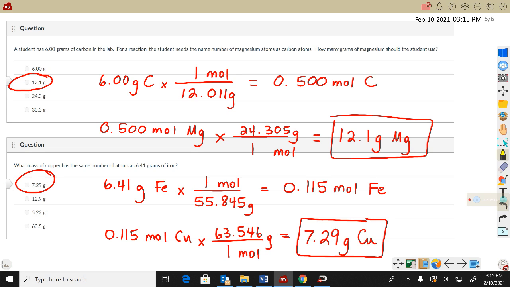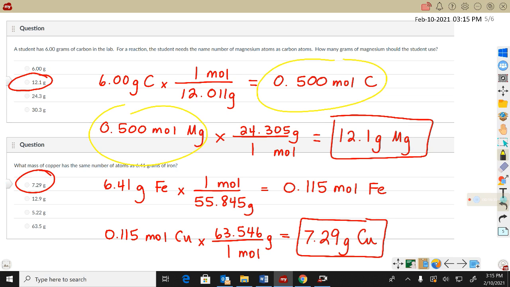I mean, it's nearly impossible to count atoms of carbon and then count a sample of magnesium that has the same number of atoms. But moles is a unit that represents a quantity of particles. If I have samples with the same number of moles, they'll have the same number of atoms.